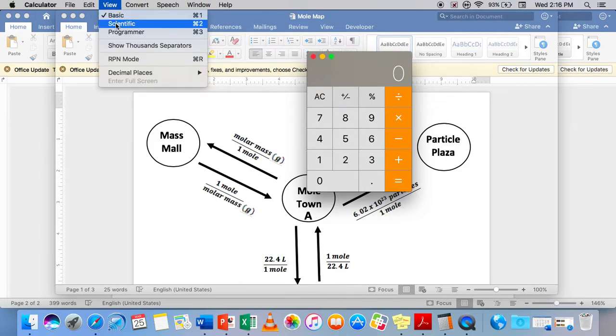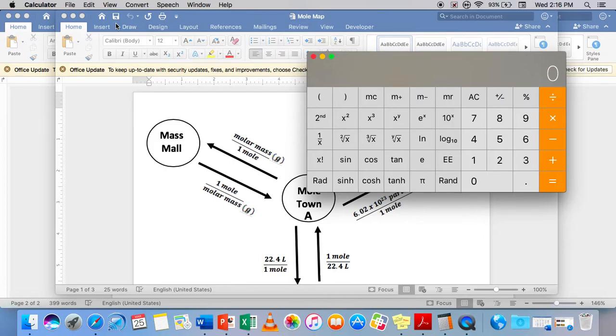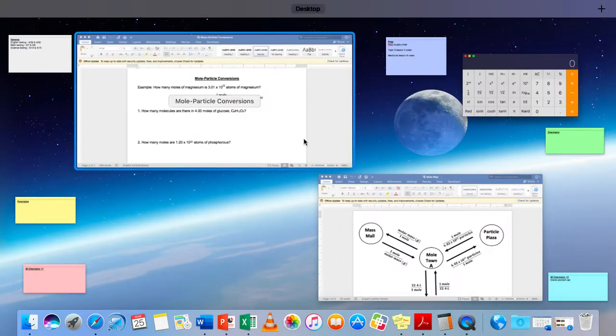Well, we want the scientific. So if you go to view and change it to scientific, I'll show you how we're going to use this calculator for these conversions. If you do not have the scientific calculator, you are not going to be able to do these conversions.